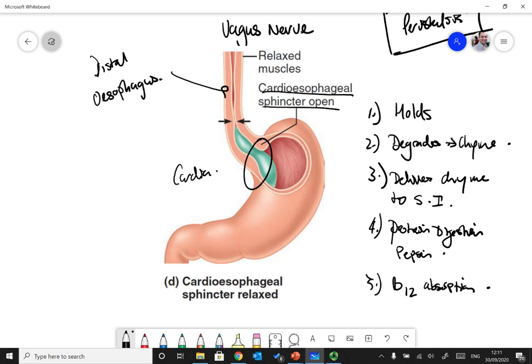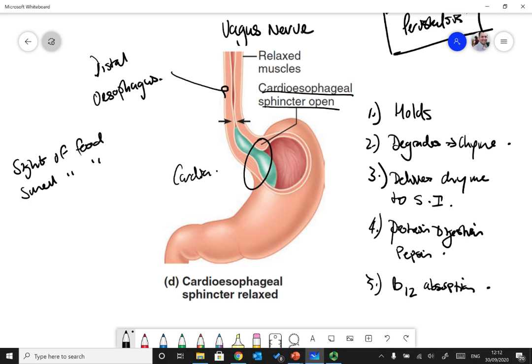So we can do a few things. Quite clever. We like the stomach. Okay, so what happens? Like I said, we've got some neurohormonal stuff going on. Things that can affect the stomach are the sight of food, smell of food, and of course actually putting food into the stomach.